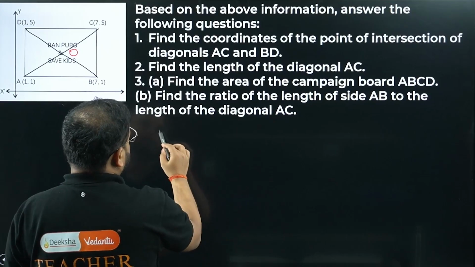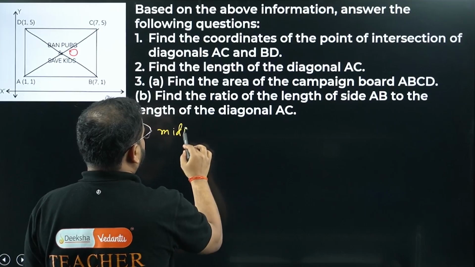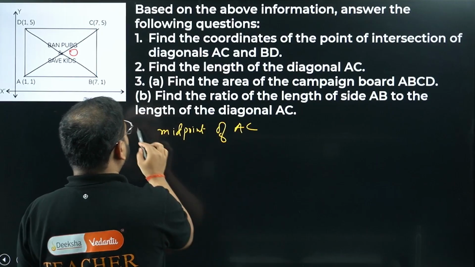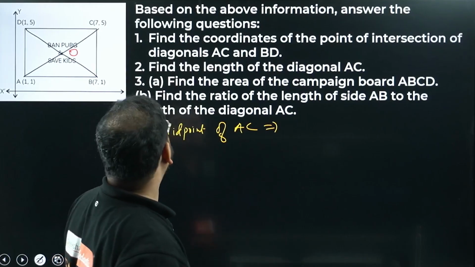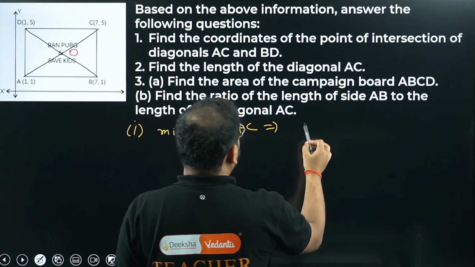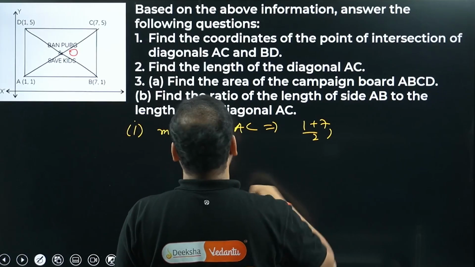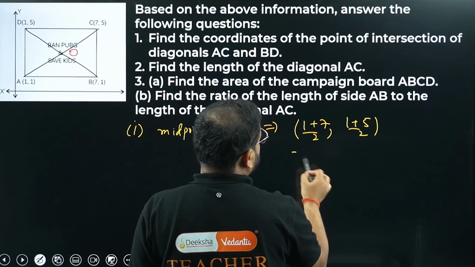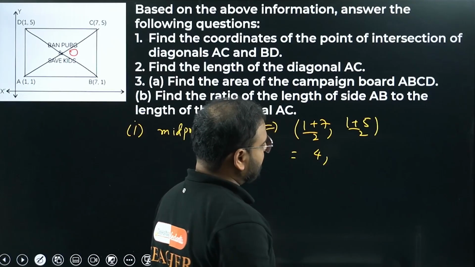Midpoint of AC, you'll get the answer for part 1. How are you going to find that? 1 plus 7 by 2, comma 1 plus 5 by 2. 8 by 2 is 4, and 5 plus 1, 6 by 2 is 3.